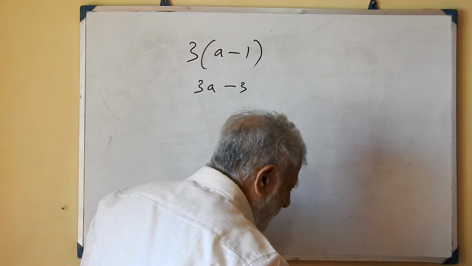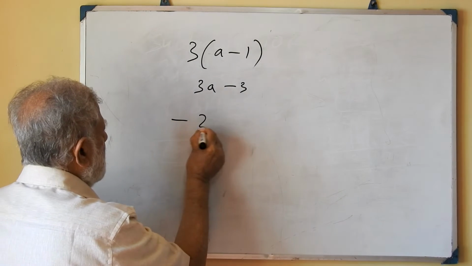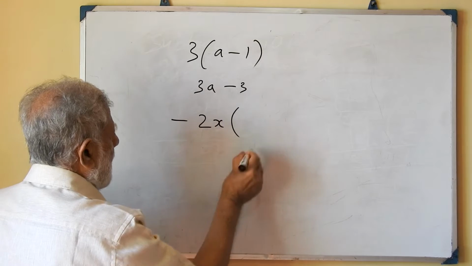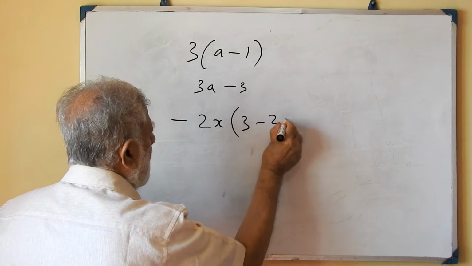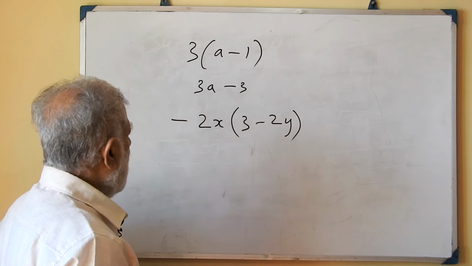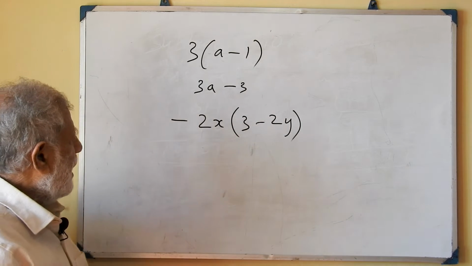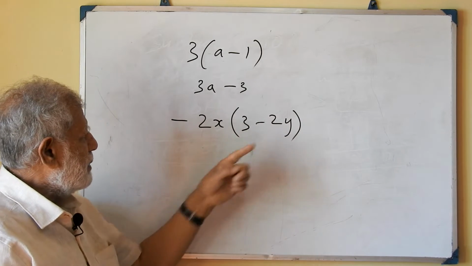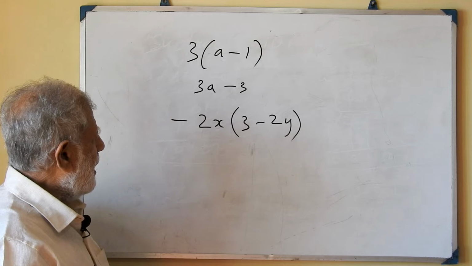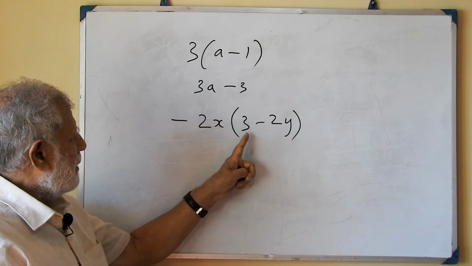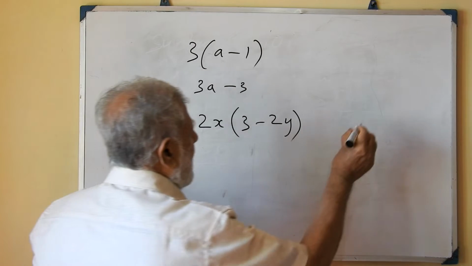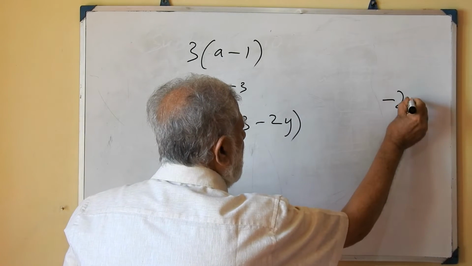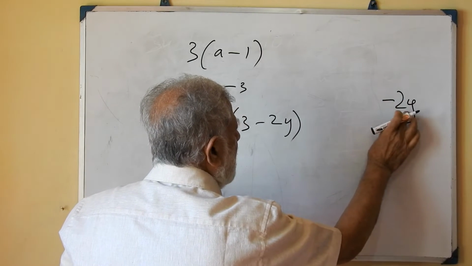Bracket means multiplication, you have to remember that. We will take another one: -2x(3 - 2y). Inside the bracket 3 is there and minus 2y. You must always remember that the sign for 2y is minus.